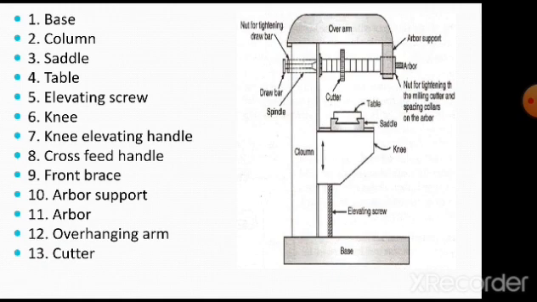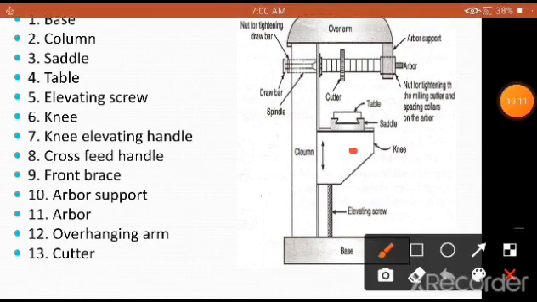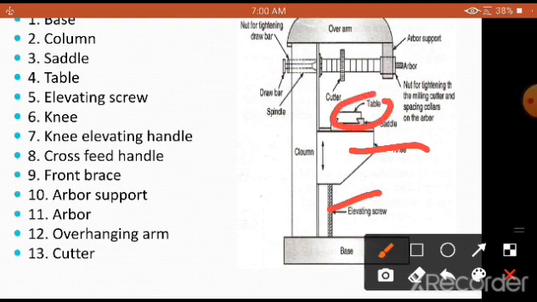This is the knee and this is the knee elevating screw. Cross feed handle is there, which we have not shown here, and front brace. This is called a front brace. And arbor support is there. You are going to see the arbor support, and arbor, overhanging arm and cutter.